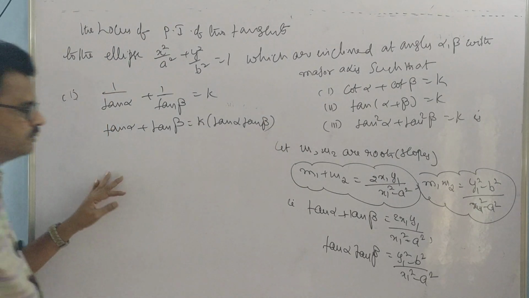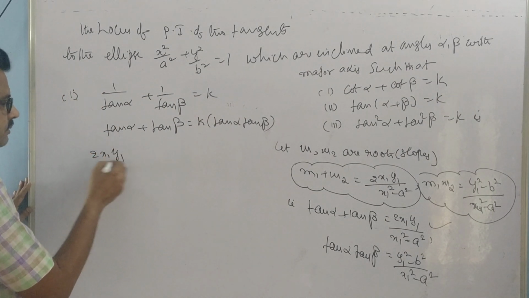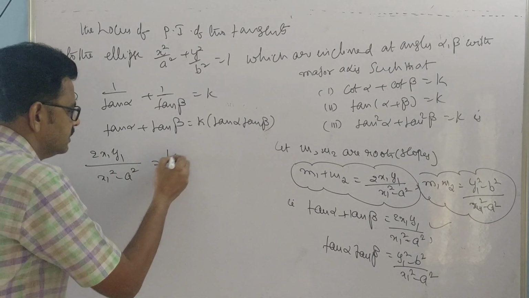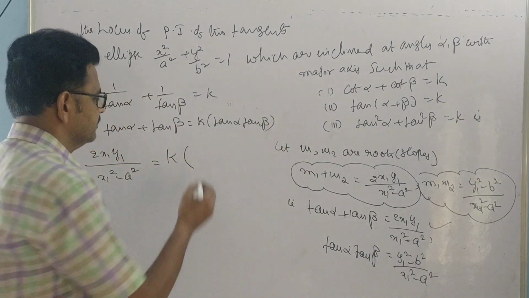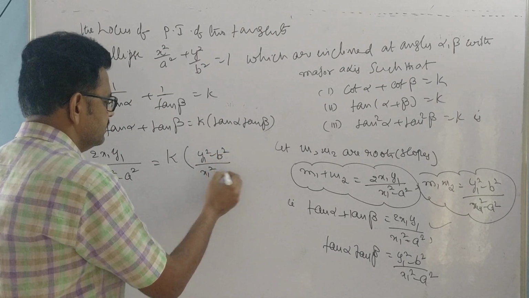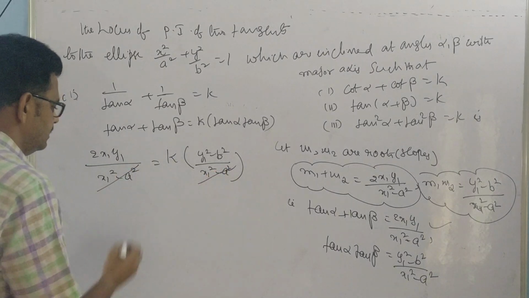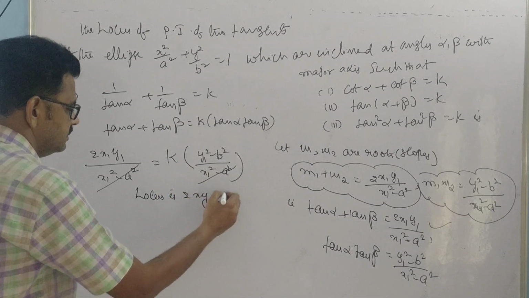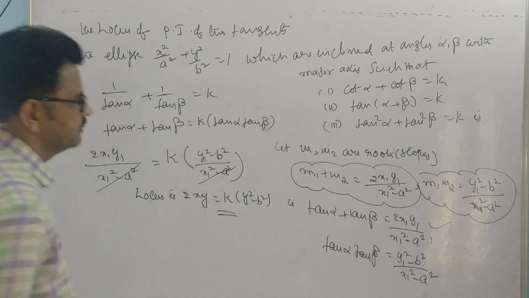Tan alpha plus tan beta is 2x1 y1 by x1 square minus a square, equal to k into tan alpha into tan beta, which is y1 square minus b square by x1 square minus a square. So these two get cancelled. Therefore the locus is 2xy is equal to k into y square minus b square.